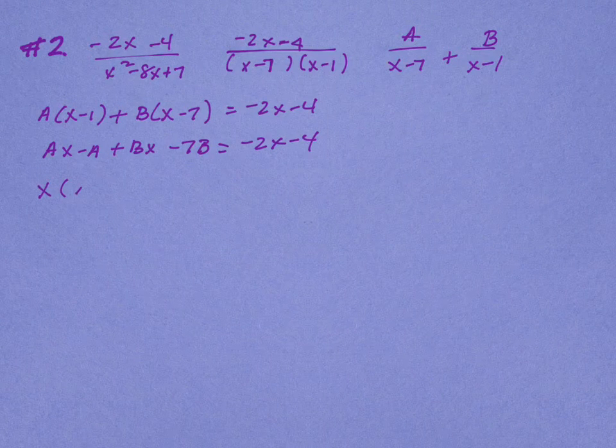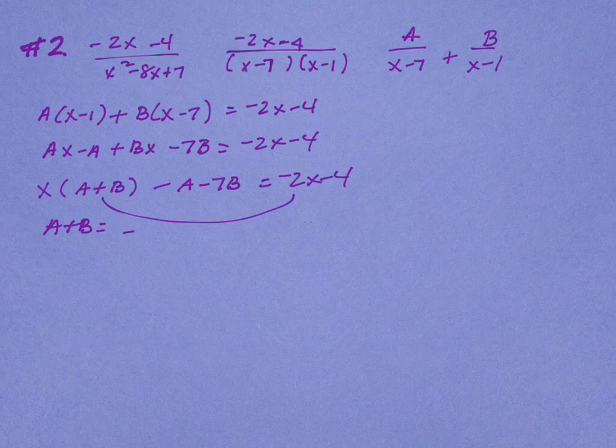So take out of x your a plus b, and then you have minus a minus 7b equals negative 2x minus 4. So a plus b has to be equal to negative 2. And negative a minus 7b has to be equal to negative 4.